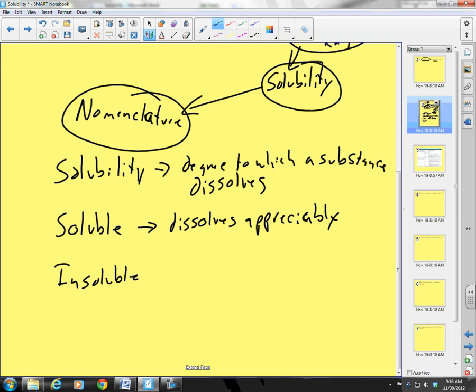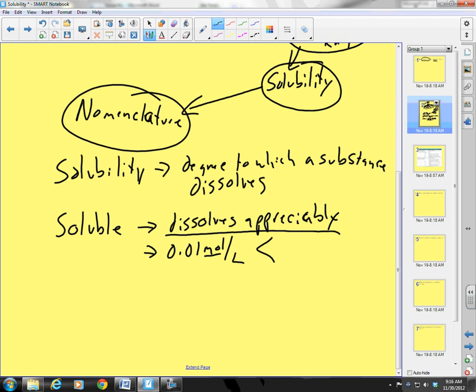What our book uses as a threshold is that it dissolves more than 0.01 mole per liter. Now, you don't know what a mole is yet, but we're going to get there. This is just a technical thing. You don't have to memorize that. This is what I want you to understand.